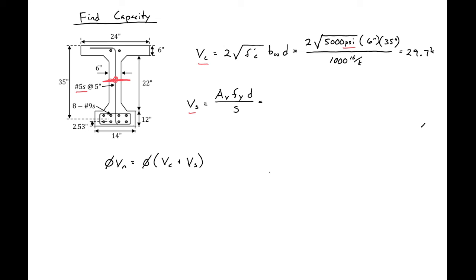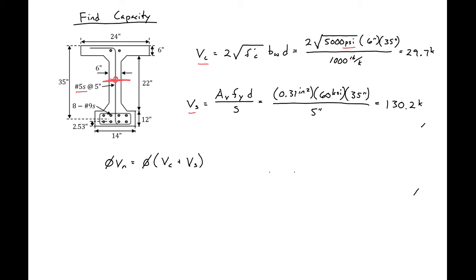So we'll have our AV is the area of our number 5 bar, which is 0.31 square inches, times FY, which is 60 KSI. We have grade 60 steel, times our D, which is 35 inches, divided by our spacing, which is 5 inches. So we'll get our VS to be 130.2 kips.